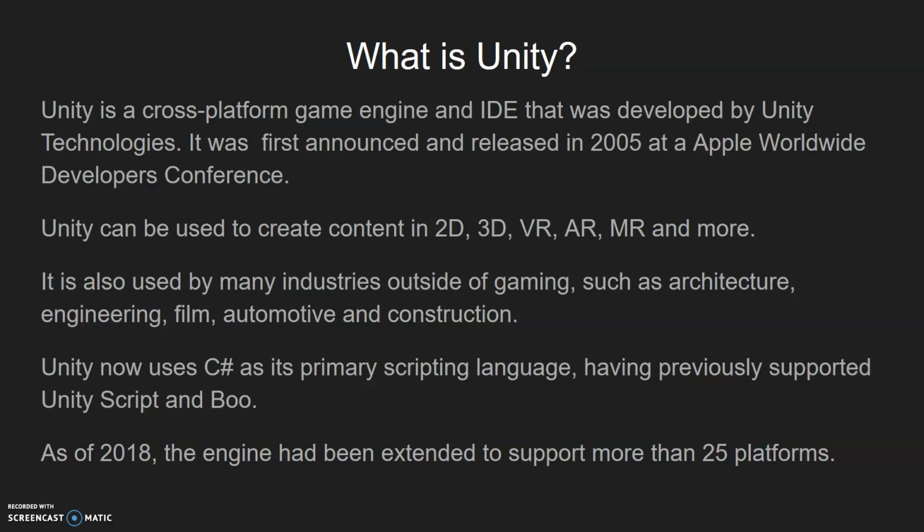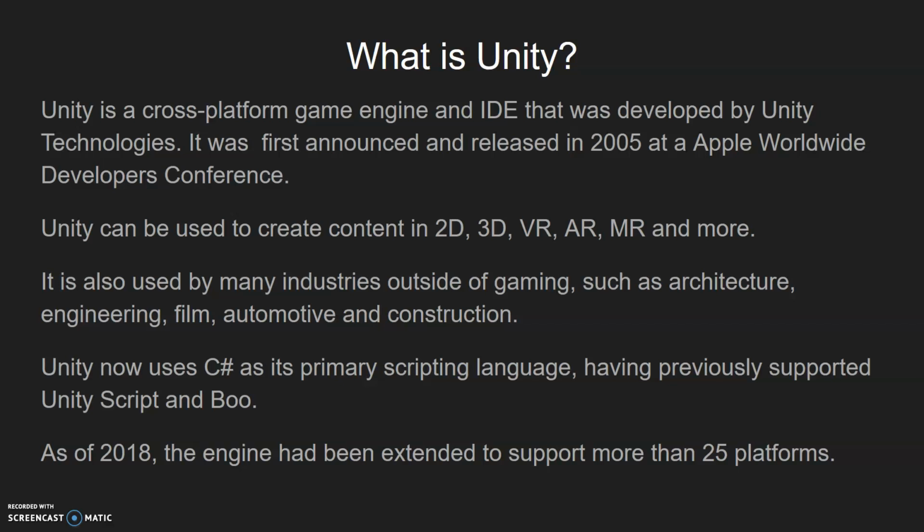Unity uses C# as its primary scripting language. When you're working with Unity, you have the IDE, the design environment, but then you also use scripts, which are separate blocks of code that you apply to objects in the design environment to give them behaviors or looks or anything like that.